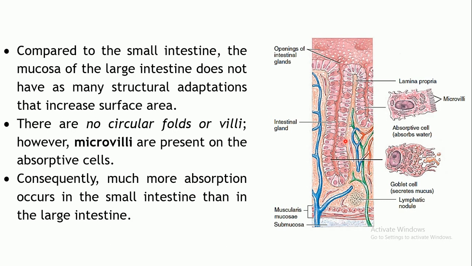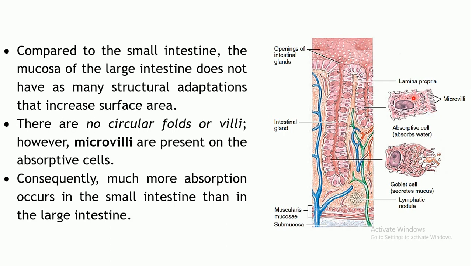The only thing is the presence of intestinal glands. No villi are present over here. However, microvilli are present because there are absorptive cells. We have seen that there are two types of epithelial cells, absorptive cells and goblet cells. Absorptive cells of course have microvilli on their apical membrane, which will increase the surface area to a certain extent so that more absorption of water will take place.